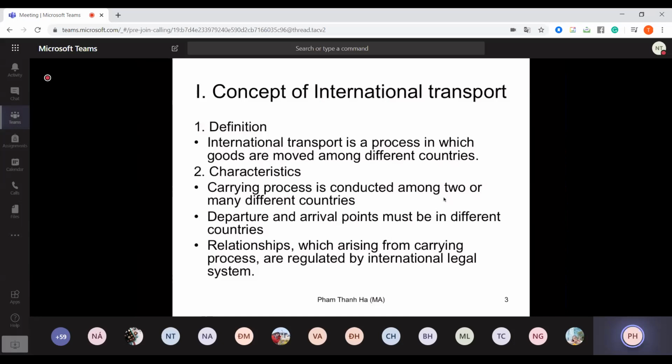Because you have the exporter in one country and the importer in another, in most cases the departure point and the arrival point must be in different countries. Sometimes we have cases as follows. For example, goods come from Vietnam, and then come to China, or any other country, because of some reason.